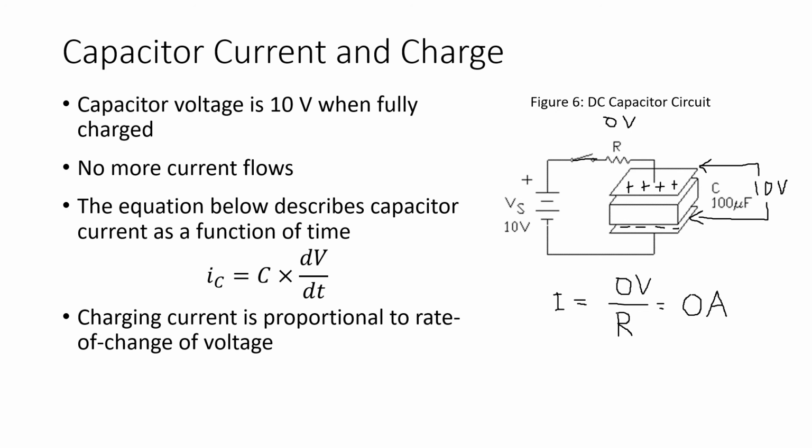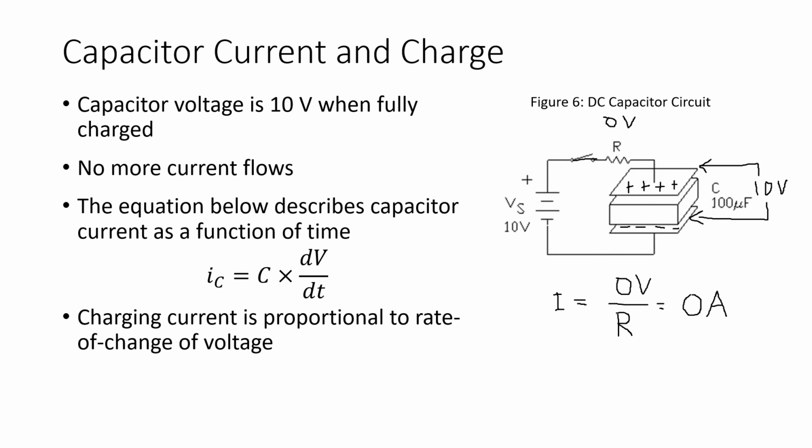Now we're provided with an equation that allows us to calculate the instantaneous current through a capacitor. Well, it doesn't go through the capacitor. The instantaneous current that flows external to the capacitor is a function of the rate of change of voltage applied to the capacitor.